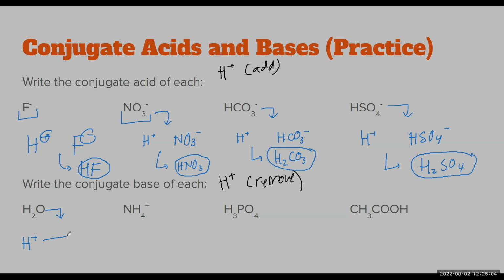As a result, we would end up getting something like OH-, which makes sense. The conjugate base of water would be the hydroxide ion. And if we were to combine OH- and H+, we would basically get H2O again.